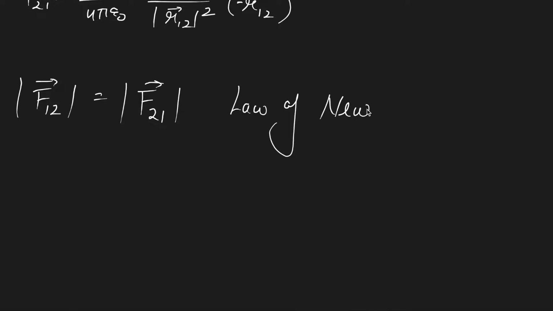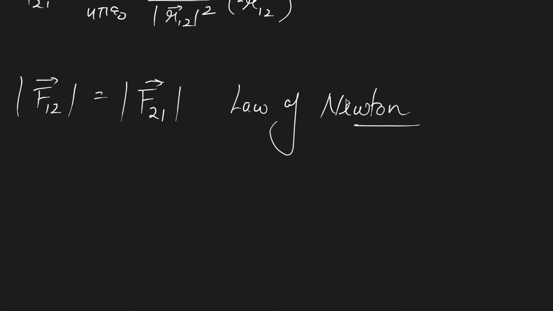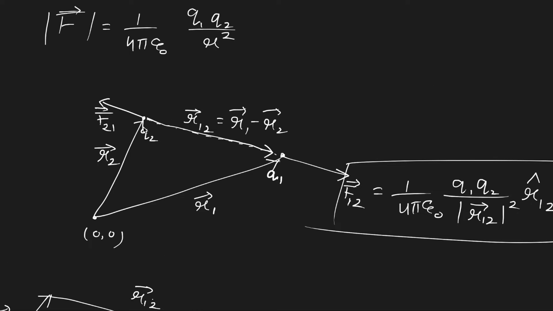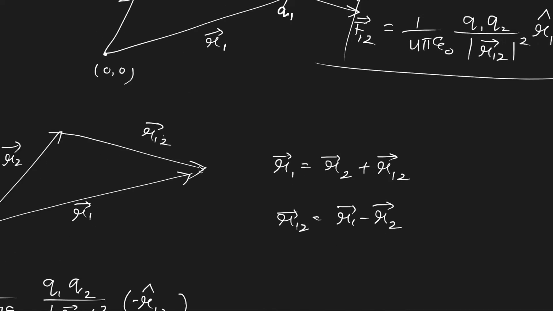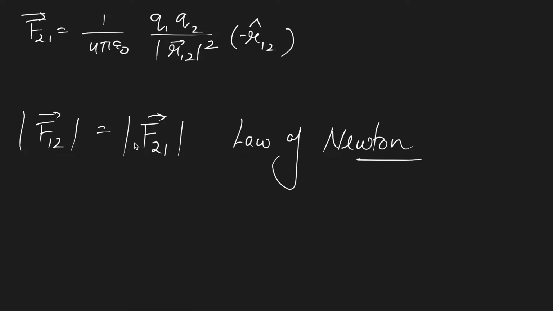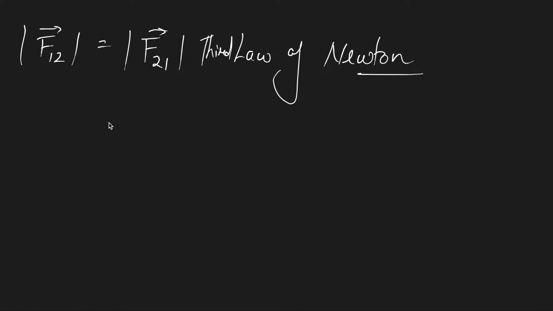Following it, the force of q1 on q2 is equal and opposite to the force of q2 on q1. Newton's third law says that every action has an equal and opposite reaction.